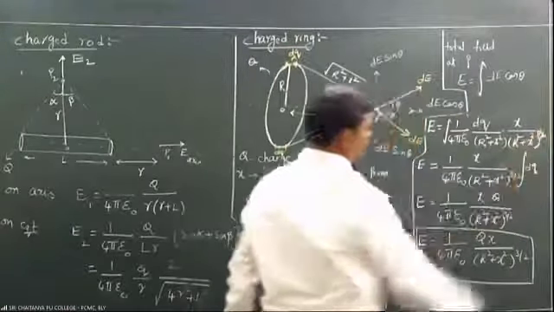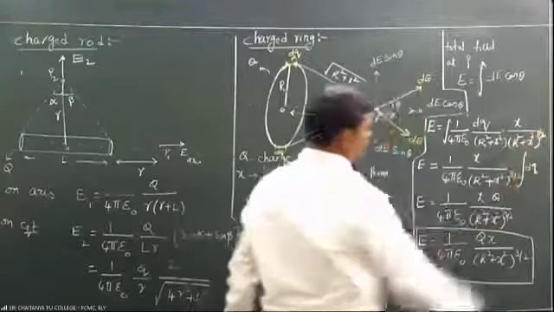E at a distance x is 1 by 4 pi epsilon naught q x by x cube.